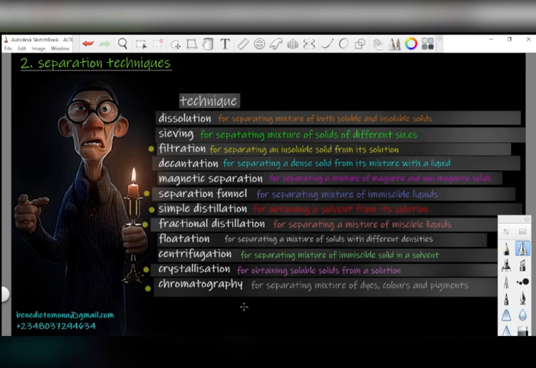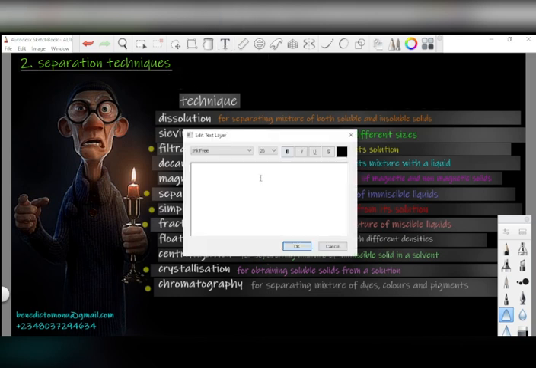A second learning objective for chemistry alternative to practicals here is looking at separation techniques. Separation techniques are physical methods for separating mixtures.